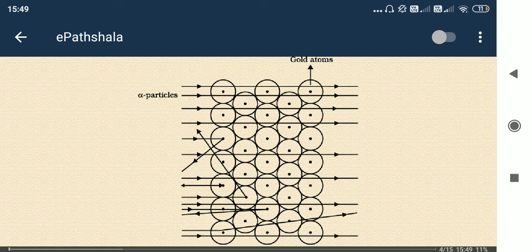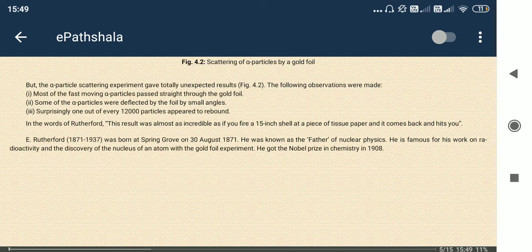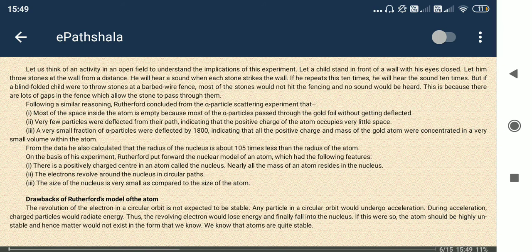Only a very small amount of space inside the atom is charged in nature. That's why the concept of the nucleus: inside the nucleus only the charged particles are located, okay.